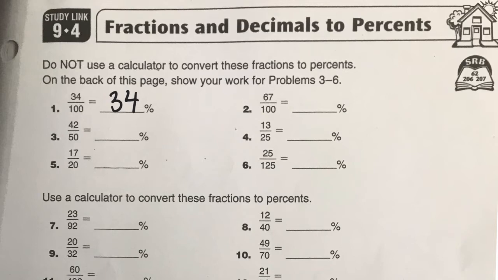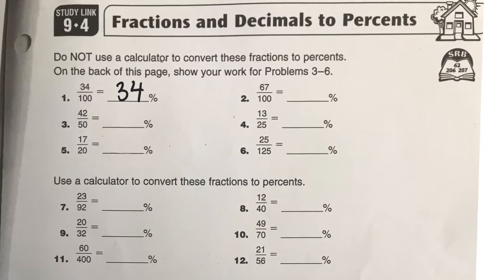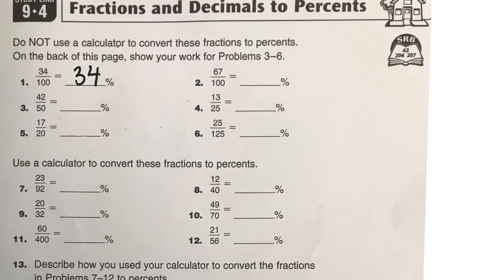Numbers 3 through 6, though, this is a little bit interesting. We've got to show our work on the back of the page, and this might be actually new for you. So basically, I'll do the work over here on the side. We want to get 42 fiftieths for number 3 into hundredths, right?